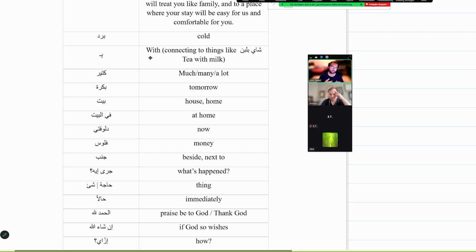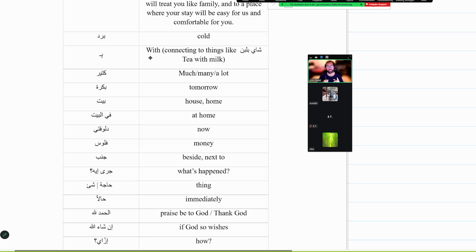There are two different types of with. There's ma, which we talked about I think a lesson ago. This ma means with someone, with another person, or a person with a thing. Like أنا رايح مع الحصان. I am going with the horse.